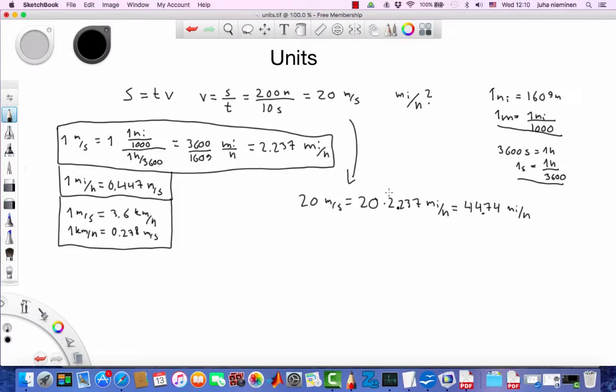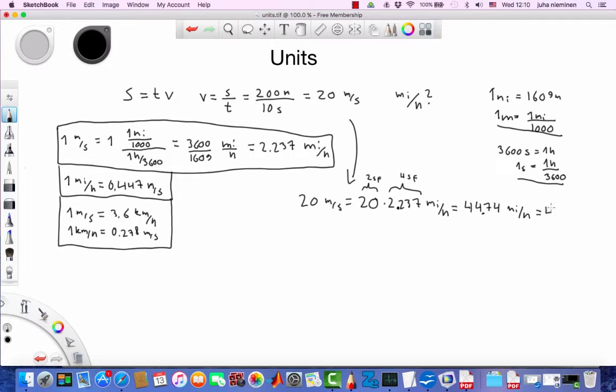So here we have 4 significant figures, and here we have 2 significant figures. So in the answer, we cannot have more significant figures than in the term that has the least amount. So the minimum amount of significant figures of these 2 terms is 2, so we can only carry 2 significant figures in the final answer.